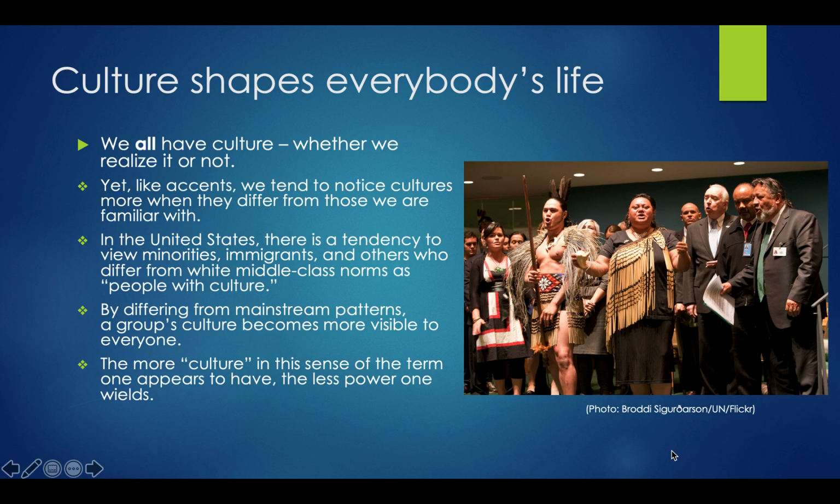The problem is when those mainstream normal patterns are viewed as regular or normal, right? When those mainstream patterns are the dominant cultural ideal and we don't accept alternative expressions of it.